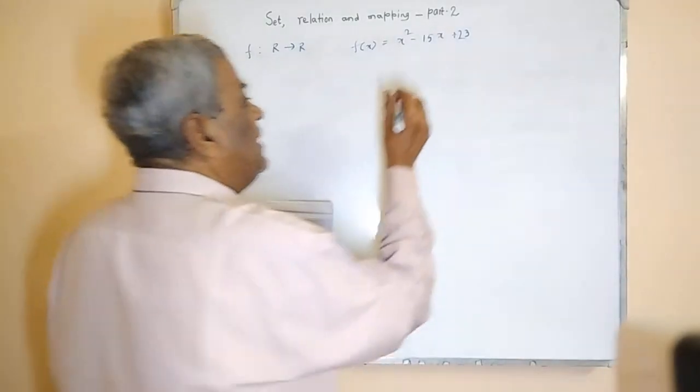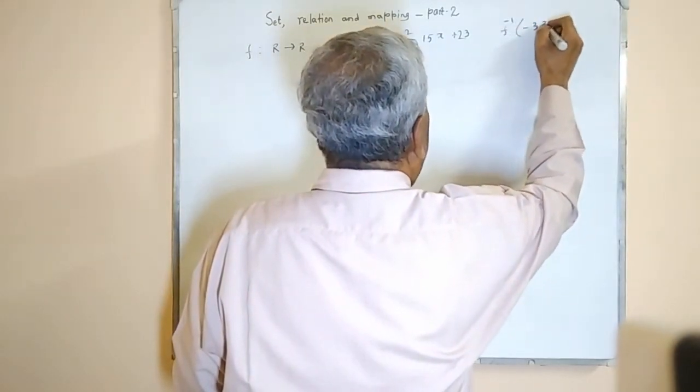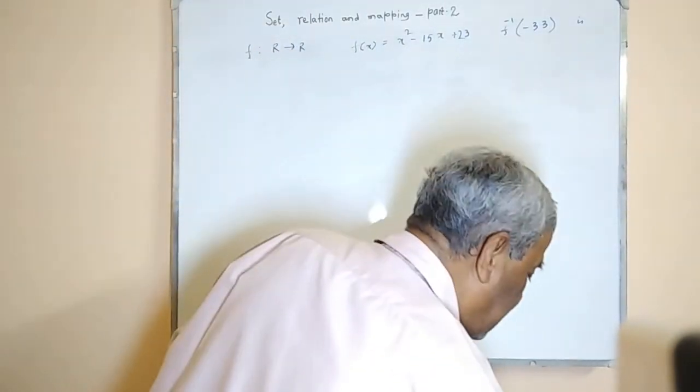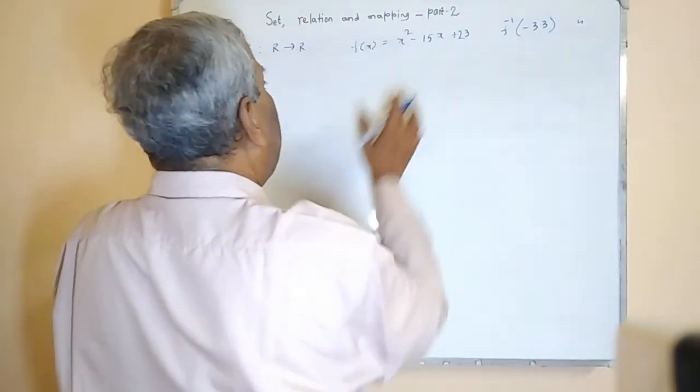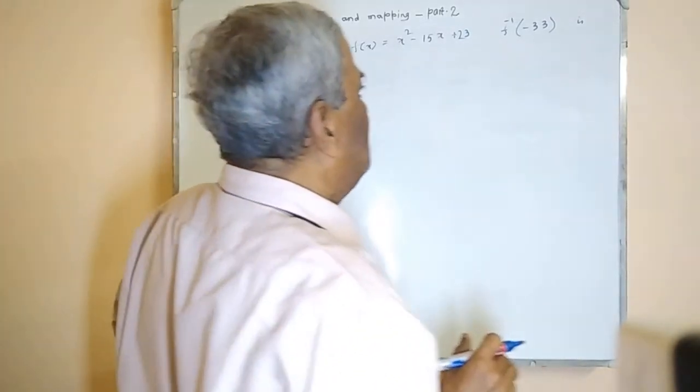Then f inverse of -33 is, so the law is given, f(x) is equal to that, and it is from R to R. So all real numbers are involved.